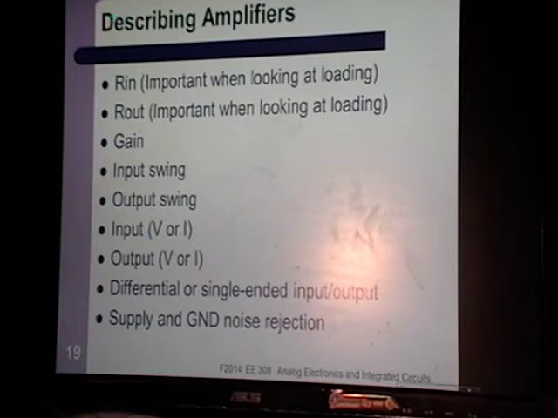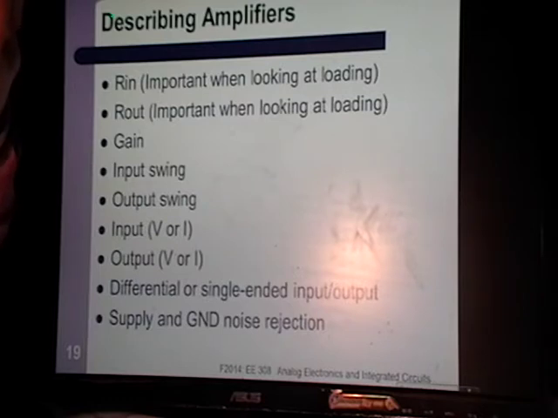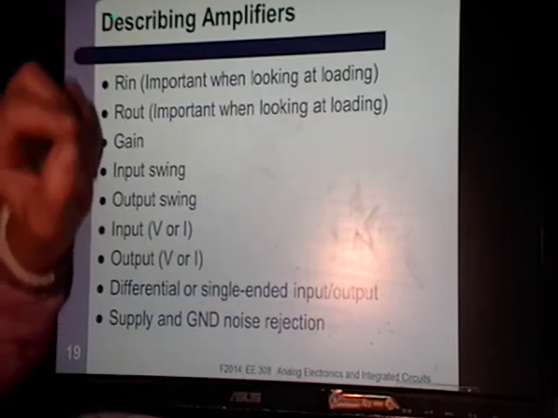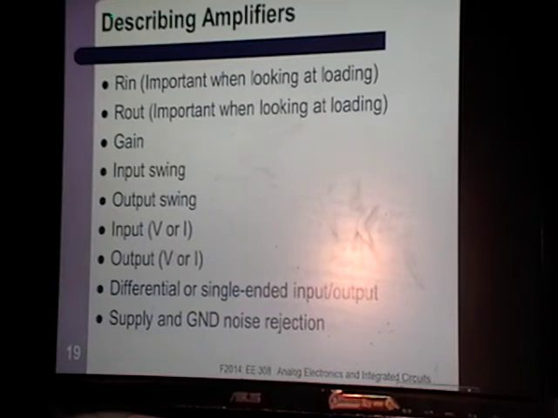But if you didn't have that AC coupling cap and you had it connected directly to the input of a common emitter, you can imagine that if you have your input swinging too high, it's going to cause so much current, bad things will happen. If you have it too low, your transistor's in cutoff. So where you can put your input and still have your amplifier work, that's very important.